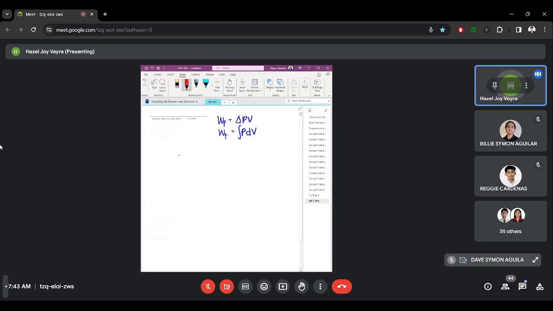So let's say we have a cylinder. Actually, I don't like this. 2D na lang. Let's have a cylinder, and then this cylinder has a piston. So we have molecules here inside the cylinder.